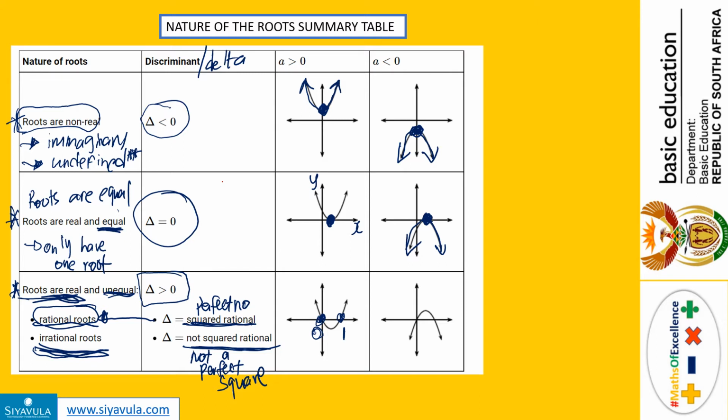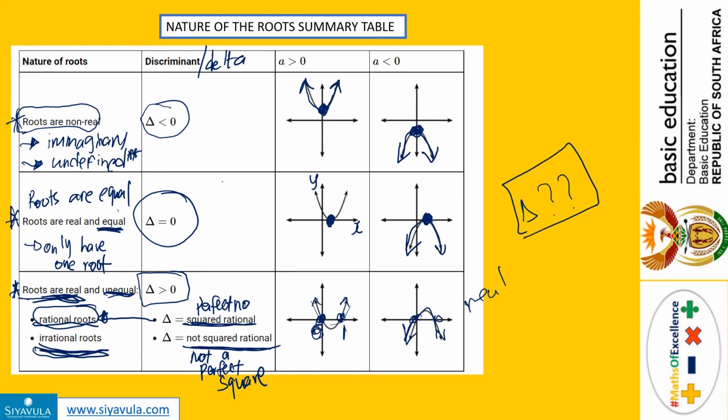We know that they are real, because 0 and 1 are real numbers. They are on the number line.